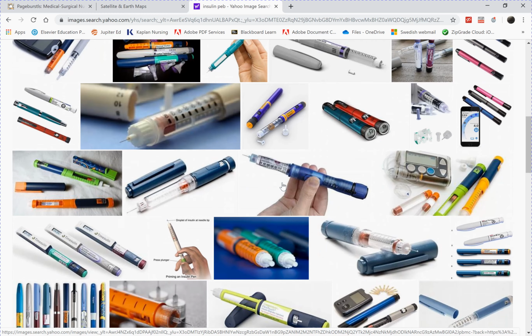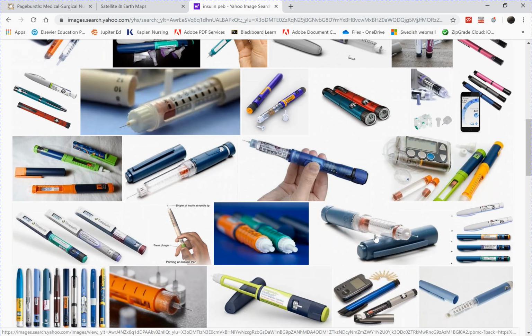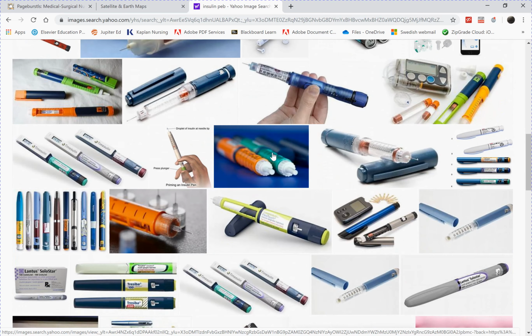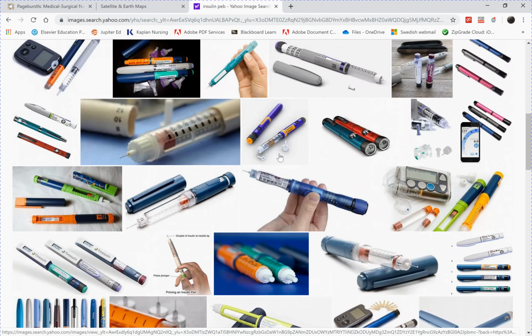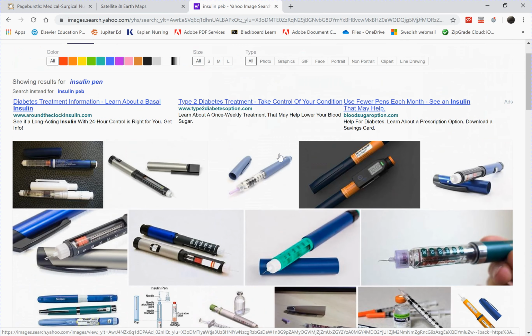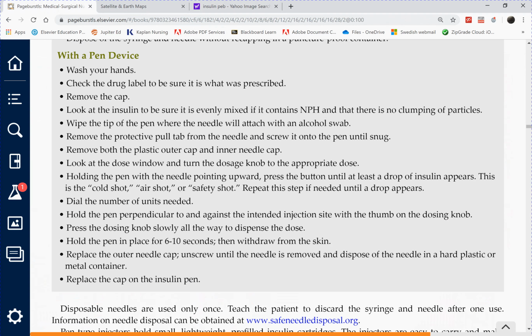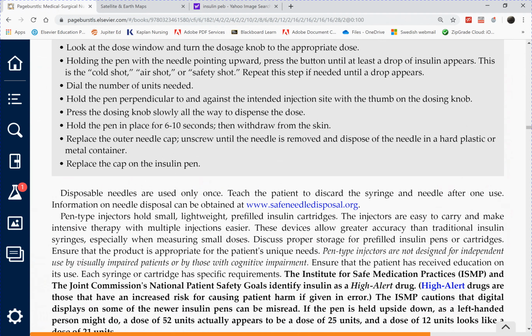As a result, the next time the patient uses this as a pen, the patient might not get any insulin, but instead they will get air. Okay, which can be dangerous, because the patient used the pen thinking that they got insulin, but instead they will end up getting air bubbles. And then that's when we get problems. The patient will have hyperglycemia as a result.